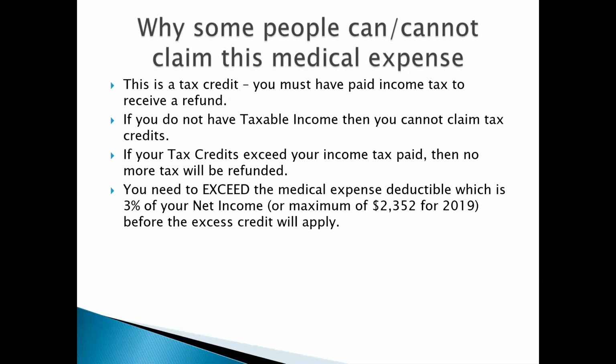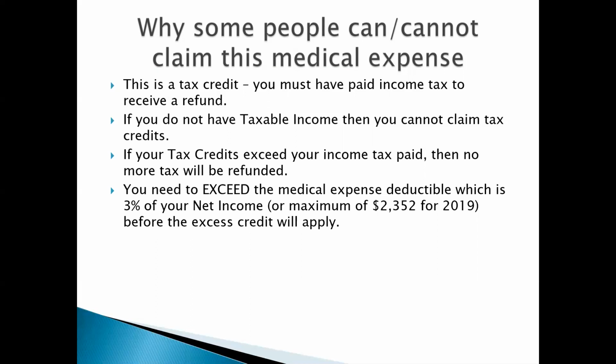The second reason why people cannot claim this medical expense is you have to exceed the deductible, which is 3% of your net income, or in the 2019 tax year, $2,352. So that's the maximum. So if you earn $50,000, 3% of your net income of $50,000 is $1,500.